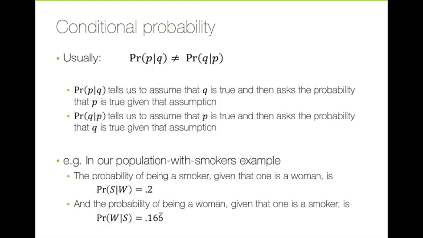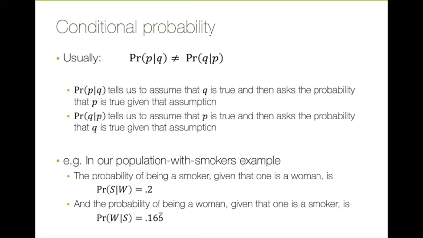Now, part of why I used this example again, but asking a slightly different question, is that contrasting these two questions reveals something important about conditional probability. The order of what sentence is true given which other sentence is important. It matters, the order.